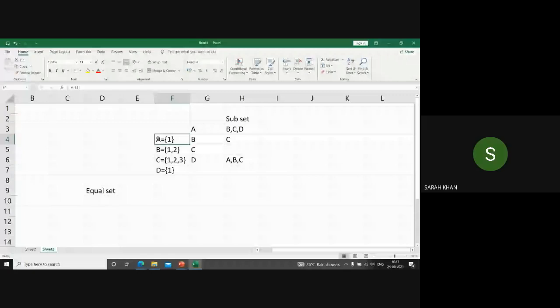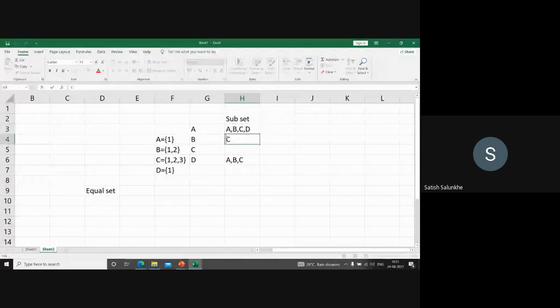Yes or no? Yes, sir. B is a subset of set B. Yes, sir. C is a subset of set C. Yes. So what is the conclusion from this? Each set is a subset of itself. Absolutely perfect. Every set is a subset of itself.